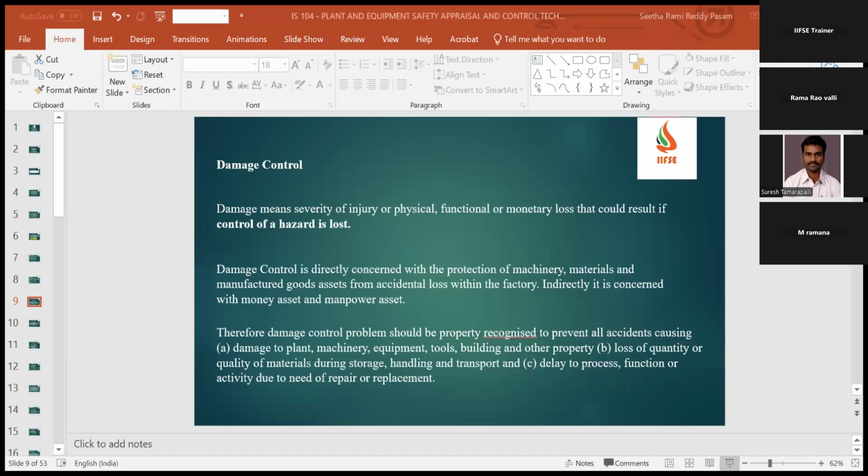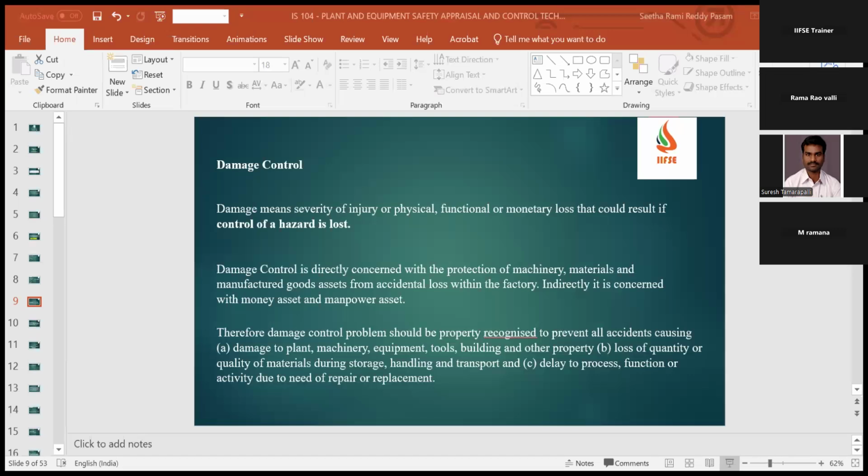So even if no accident happened, but you had an over inventory, you have not seen it properly, you didn't have a FIFO system, first in first out, the input raw materials got expired, so that is also a damage. Then delay in process, function or activity due to repair or replacement, even this also makes a damage to your reputation.